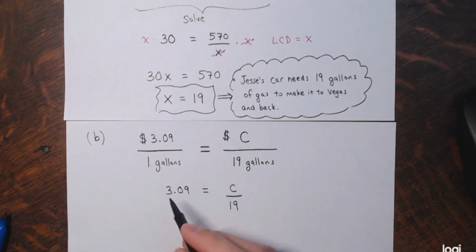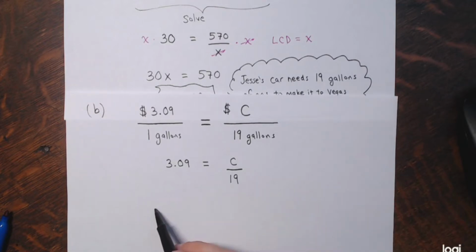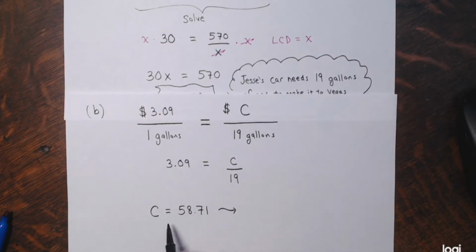And then I would just simply multiply by 19 here. All right, so C, the cost of the trip, would be whatever 19 times 3.09 is. I'll just punch that in a calculator. 19 times 3.09 is $58.71. And you got to remember what that means, right?